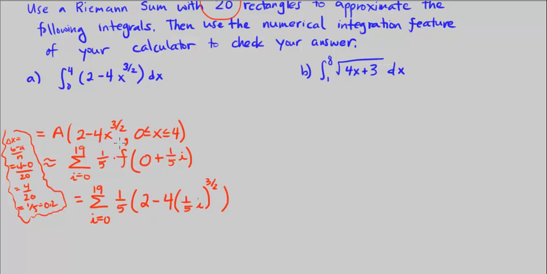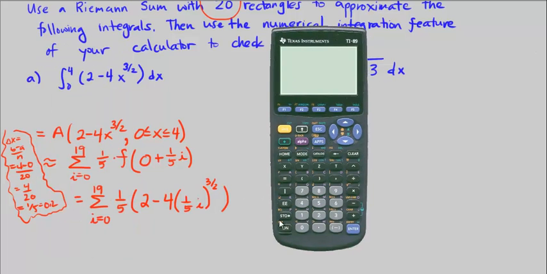Now I can use my calculator to compute this for me. I go up here to calculate, and I have a sum. Here I put my expression, so it's 1/5 times, in parentheses, 2 minus 4 times, in parentheses again, 1 over 5 times i.